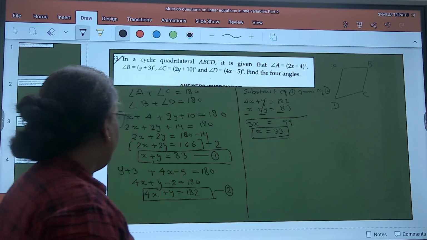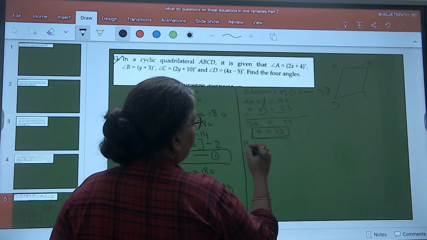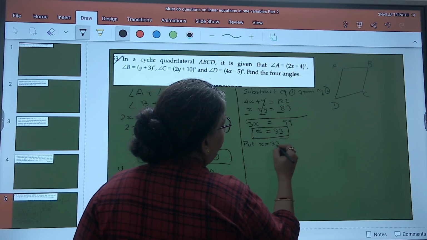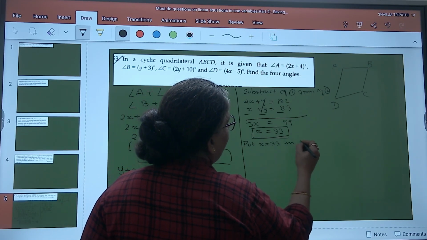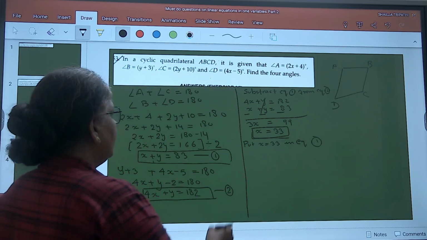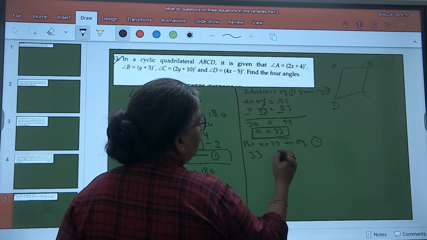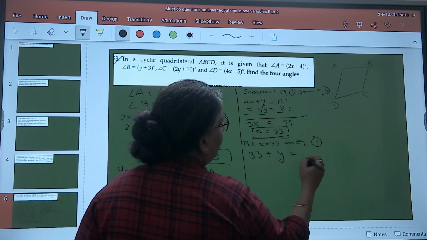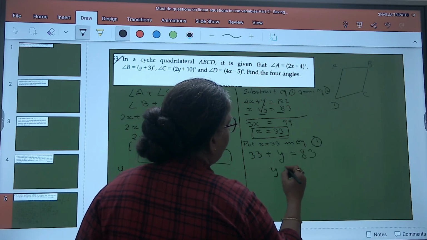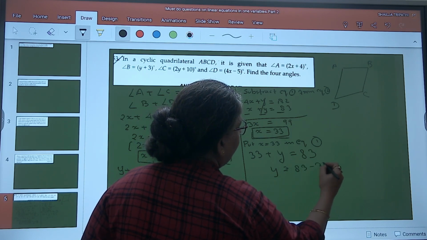Now put the value of x in equation 1. Put x is equal to 33 in equation 1. So what we get, 33 plus y is equal to 83, or y is equal to 83 minus 33.